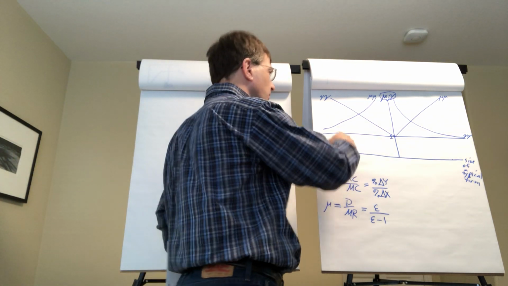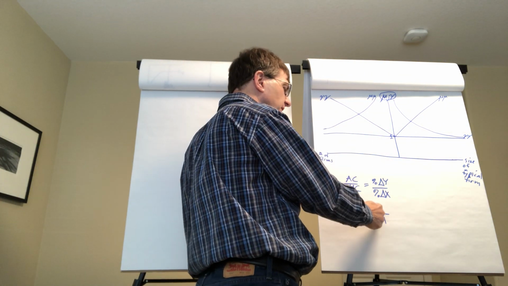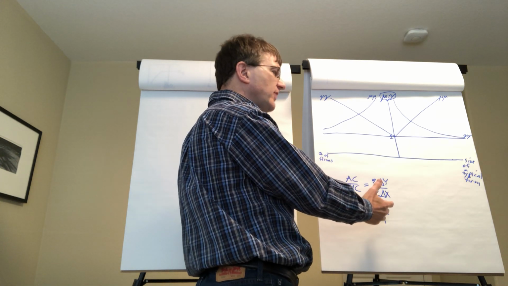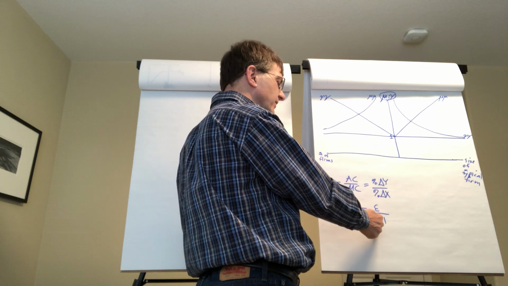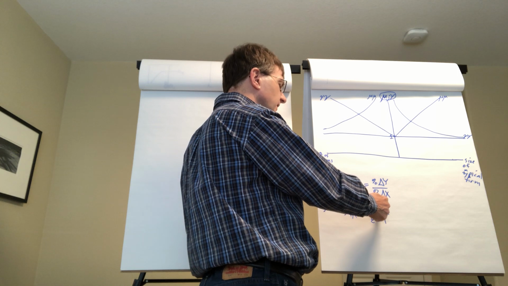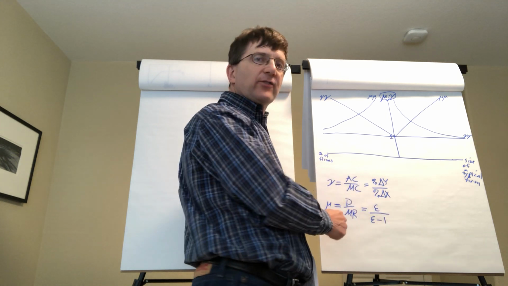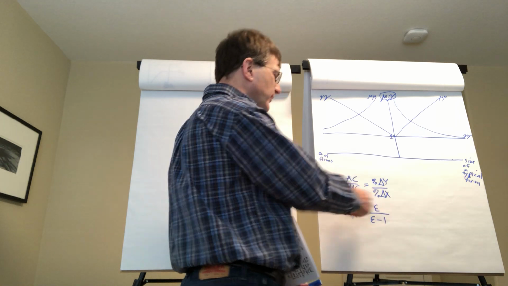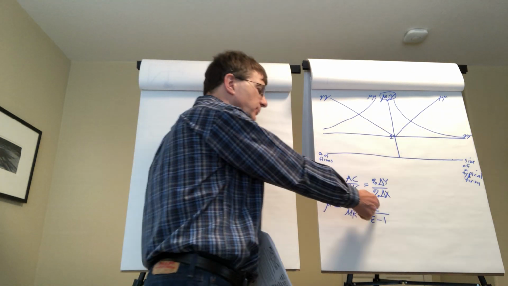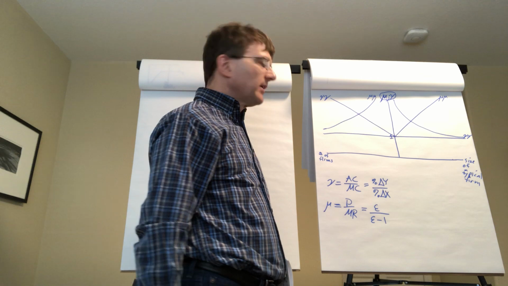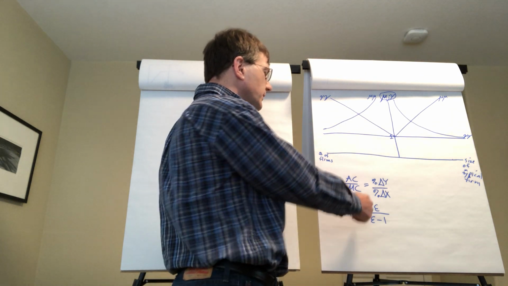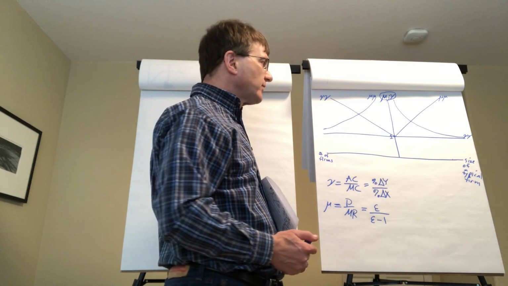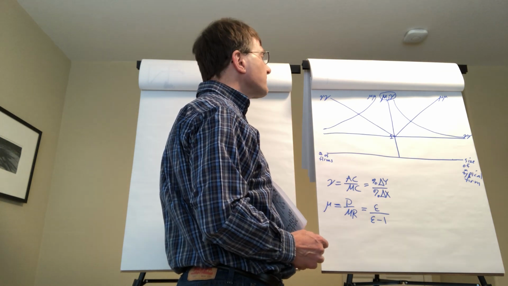When you have more competition, more firms in the industry, the price elasticity of demand is bigger, so instead of, say, 3/2, you might have 8/7, and 8/7 is a lot lower than 3/2. The bigger epsilon is, the smaller mu is. The higher the price elasticity of demand, the closer you set your price to marginal cost.